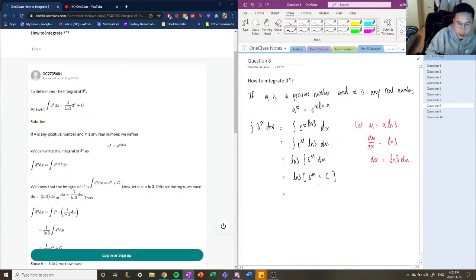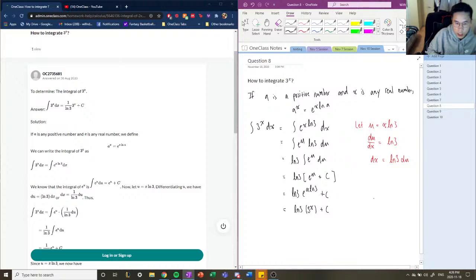And if we sub back in our u here, we get ln 3 times e to the power of x ln 3 plus c. And we know that e to the x ln 3 is just 3 to the x, so we get ln 3 times 3 to the x plus c.